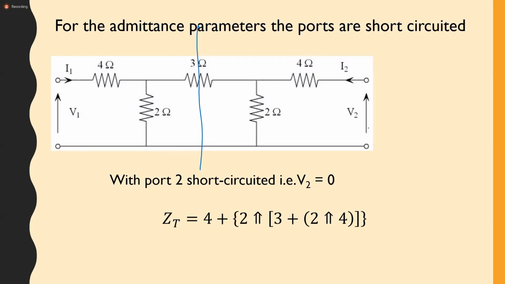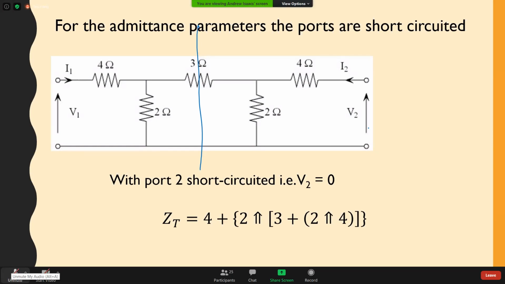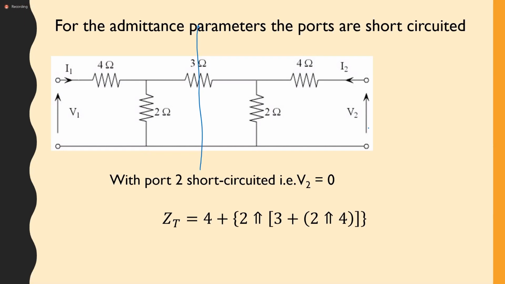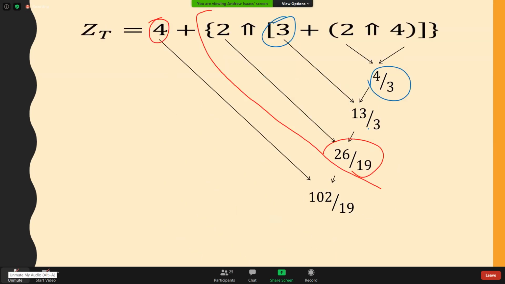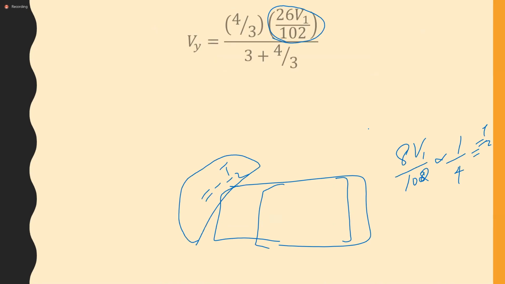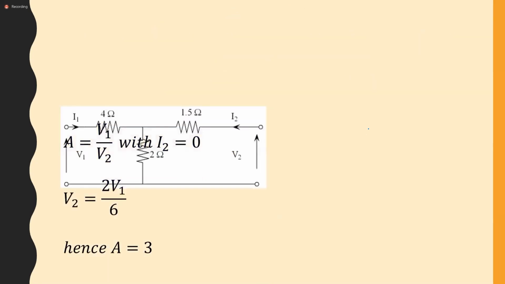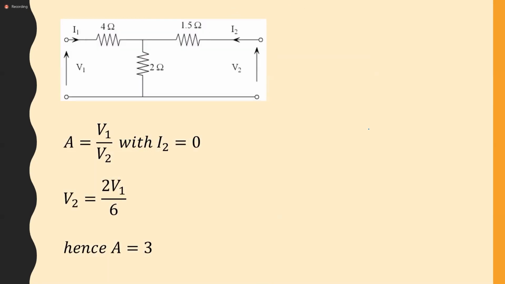Yes. What if I split the network in two? So I have the 4, 2, and instead of the 3 ohms here, I have 1.5. What I would then end up with, this would be half of the network, yes?